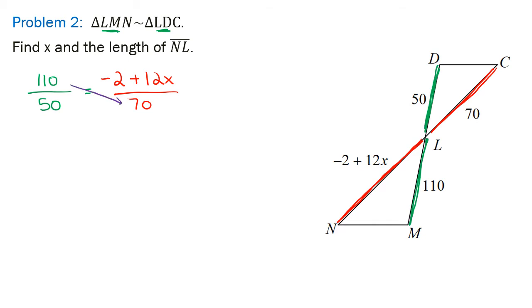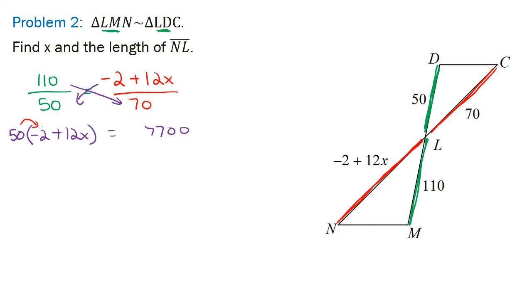So we're going to cross multiply. 110 times 70 is 7,700. Then we're going to multiply 50 times negative 2x plus 12. We're going to distribute that.